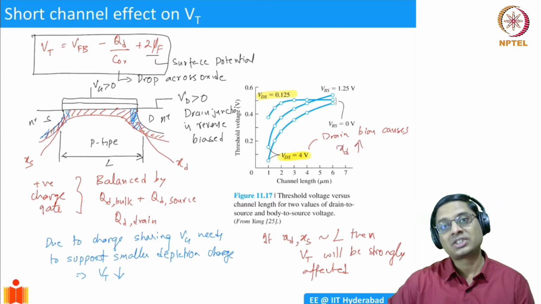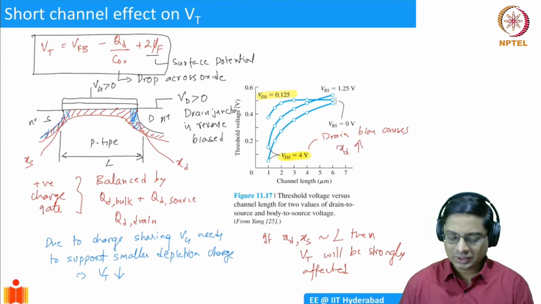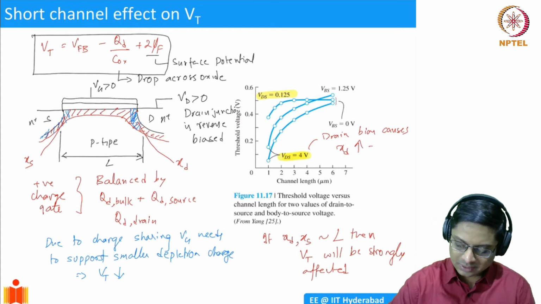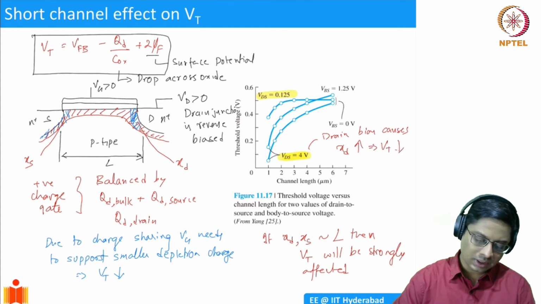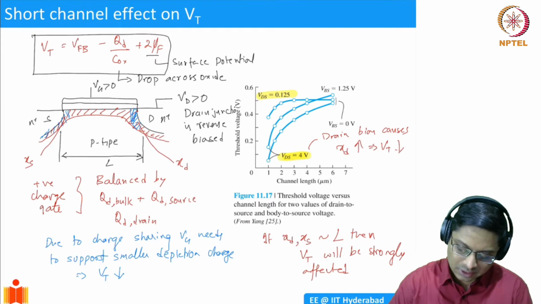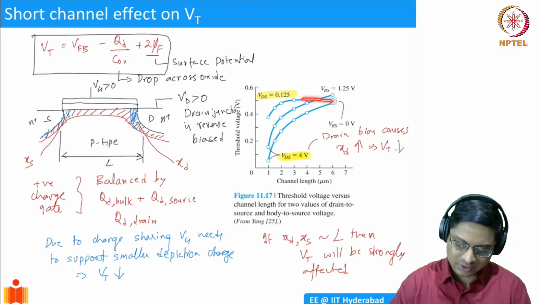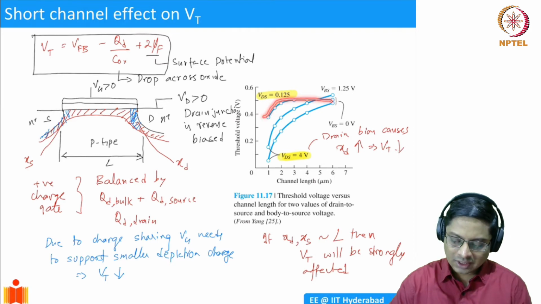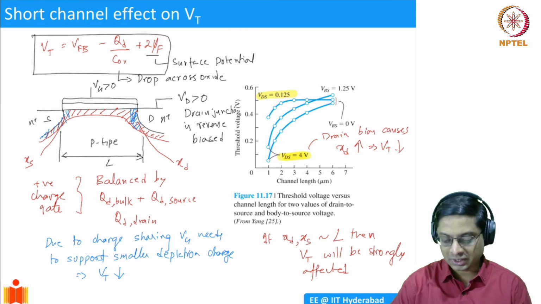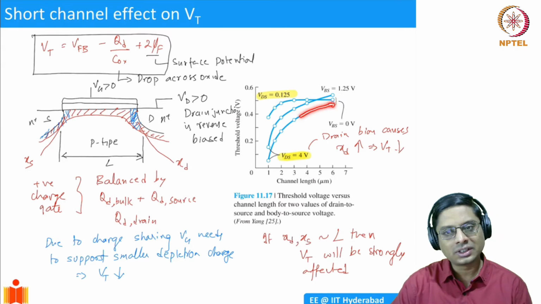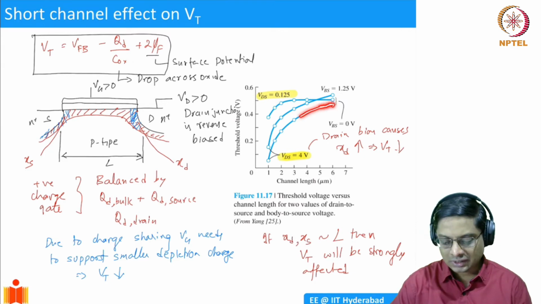That means VT has to be even lower, right? That's why when you compare a small drain bias, which is only 0.125, to a reasonably large drain bias of 4 volts, your depletion width on the drain side is going to be much larger, and so that impact is going to be strongly felt. This is how the VT will fall faster.